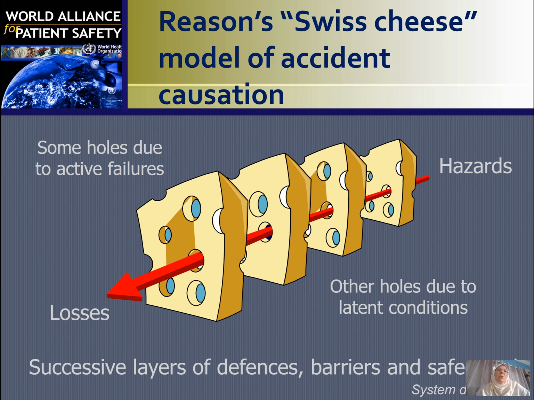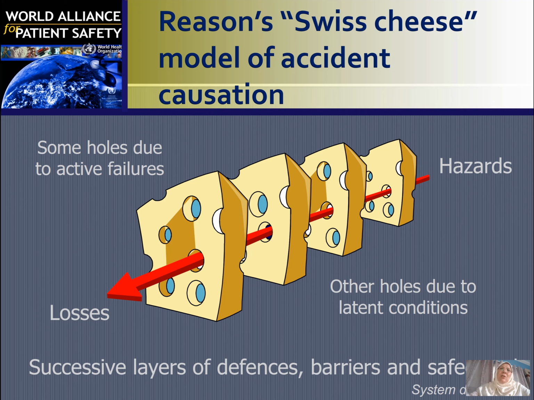This is also what is illustrated in the Swiss cheese model of accident causation that was described by Reason. The Swiss cheese is known to have holes in it, and when you cut slices, you find holes in different places.